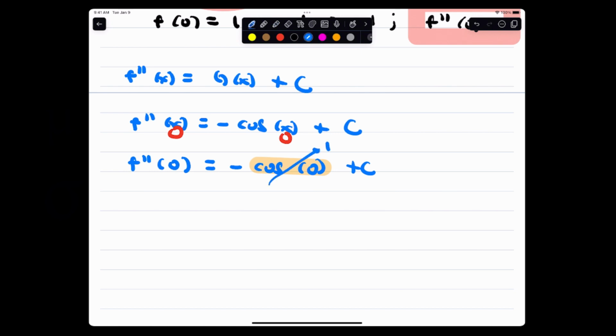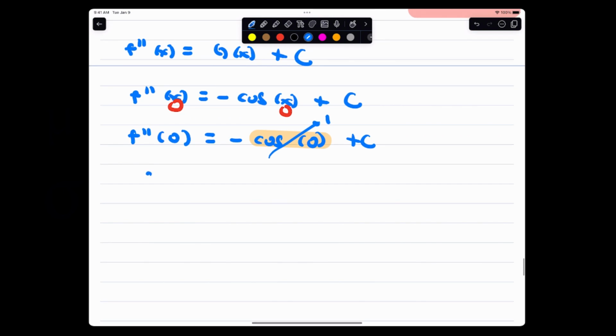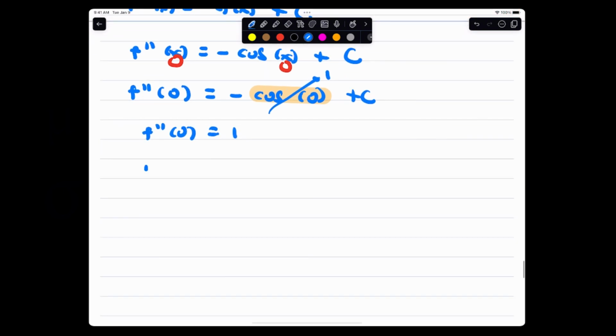So f double prime of 0 by the condition was 1. So that means 1 equals negative 1 times 1 plus c, or 1 equals negative 1 plus c. What does it mean about c? C will be 2.